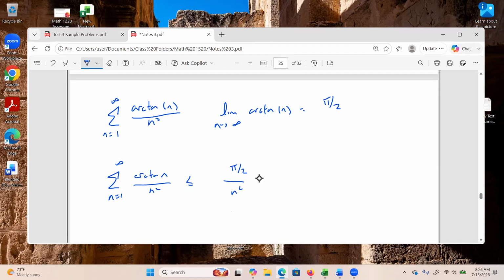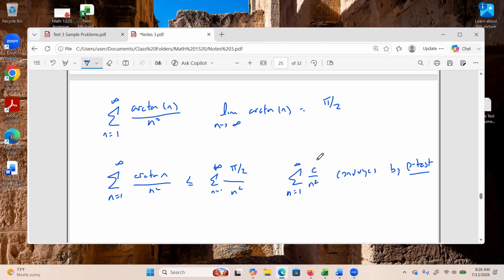Now, what we can say about some constant over n squared is that the sum from 1 to infinity converges by the p-test, which is always a nice test to be able to have. It's very convenient that they do that for us.